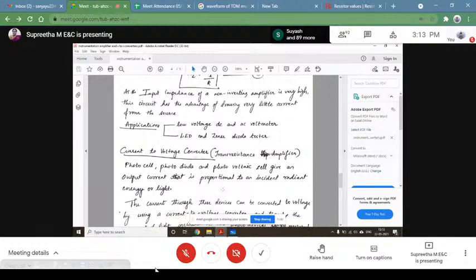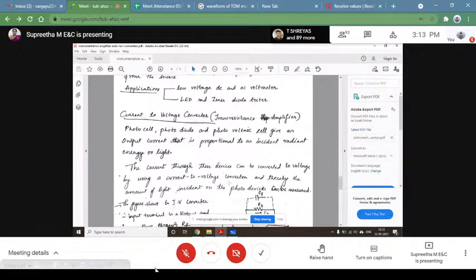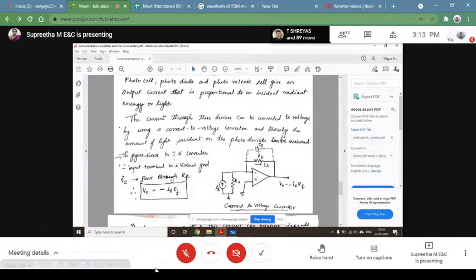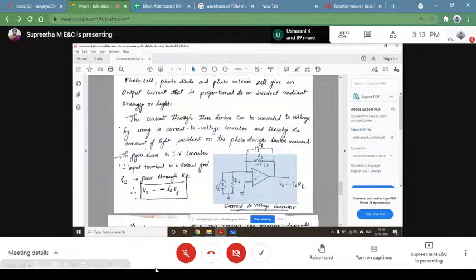So what is the significance of this current to voltage converter? It makes measurements easy. So this is your I to V converter. Currently consider only this much.